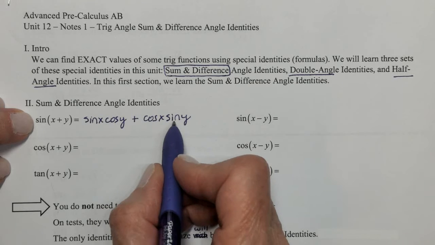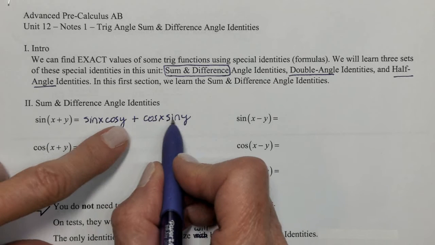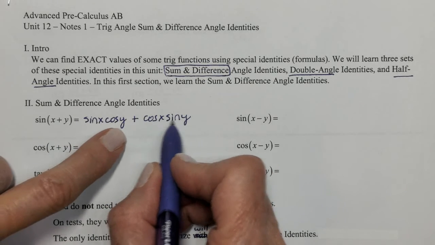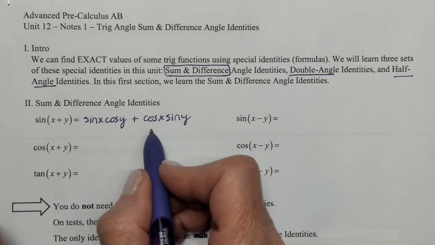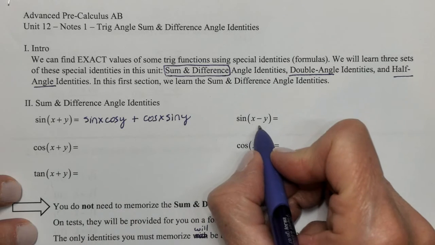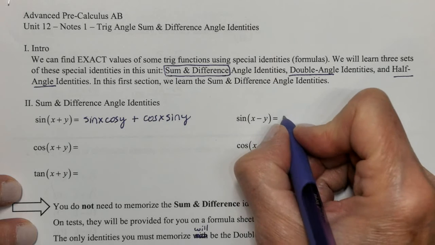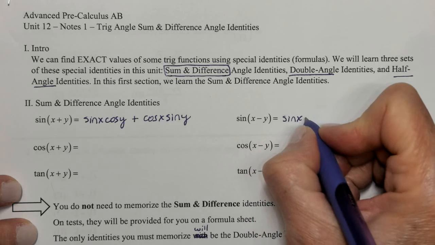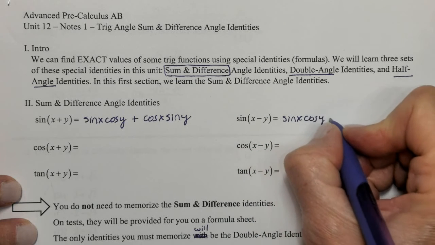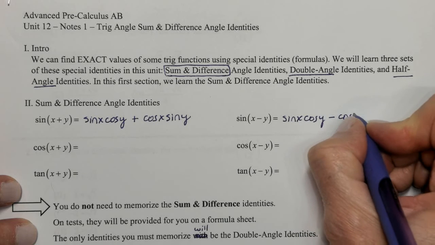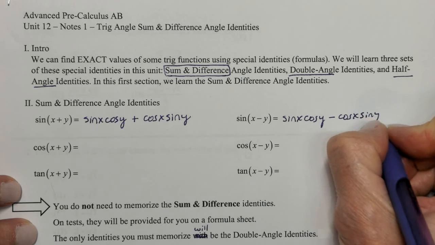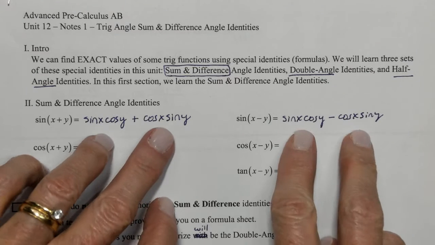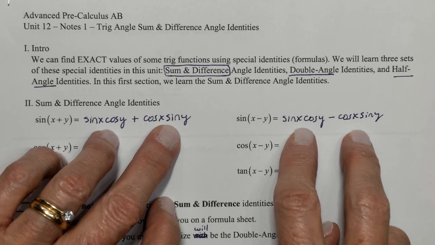Some students like to keep sine first each time and then cosine second. Of course, you can do that. Just move those around. For sine of the difference of x and y, the formula, the identity is sine x cosine y minus cosine x sine y. So these are identical except for the sign in between them.